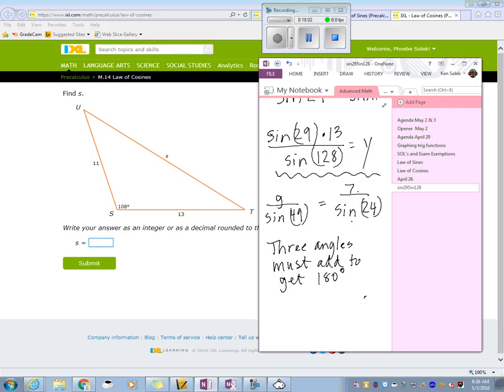So that's a pattern, right? The measure of the side opposite the angle that you're given is how you need to set that up.